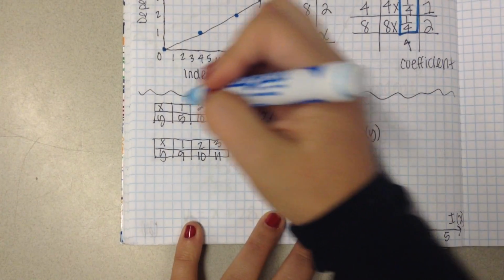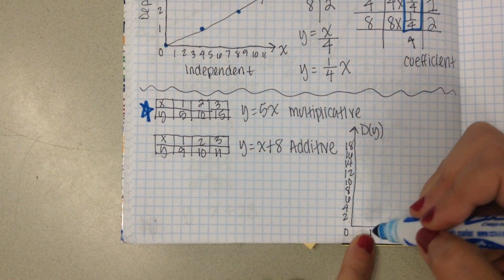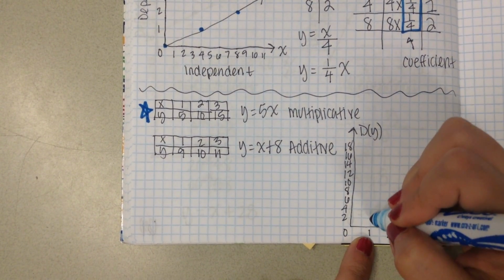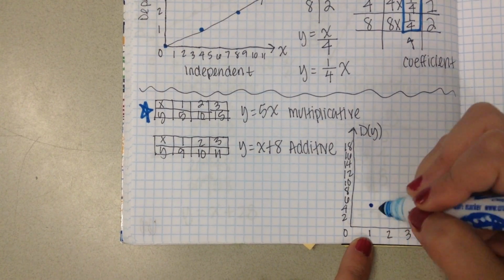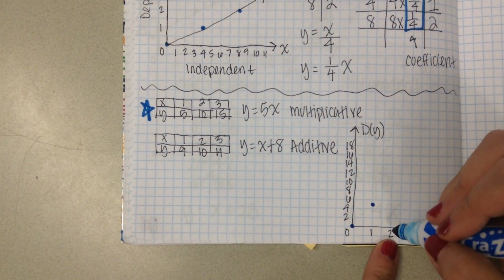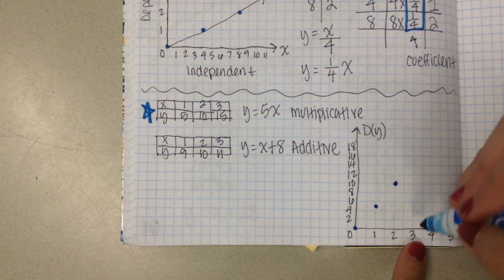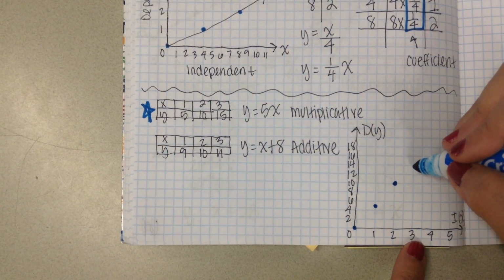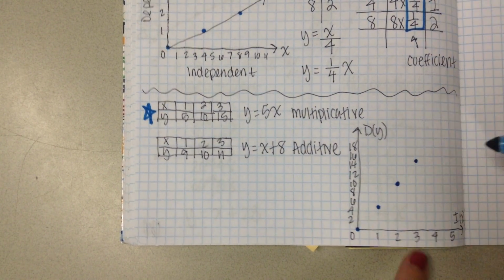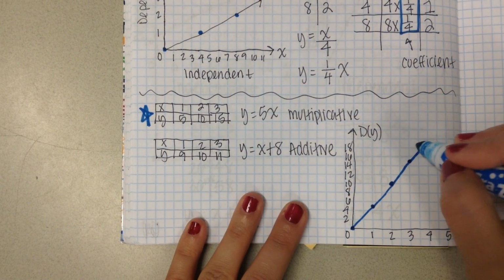So we have 1, 5; we start at 1 and go up to 5. Then we have 2, 10, and 3, 15. This is my multiplicative.